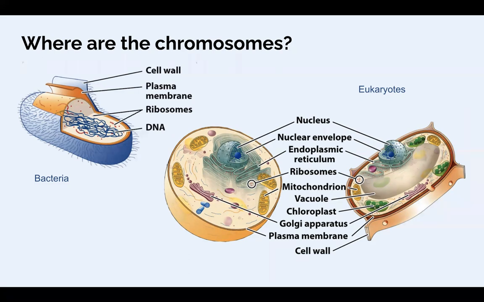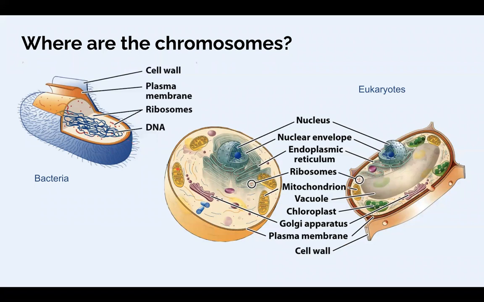Bacteria have, in some cases, just one chromosome, sometimes more than one chromosome, but it's loose inside of the cell. Bacterial cells are much smaller. The scale is not quite the same on the eukaryotes and the bacteria. Very small cells, and the cytoplasm doesn't have any organelles. That means the DNA is just out there in the cytoplasm.